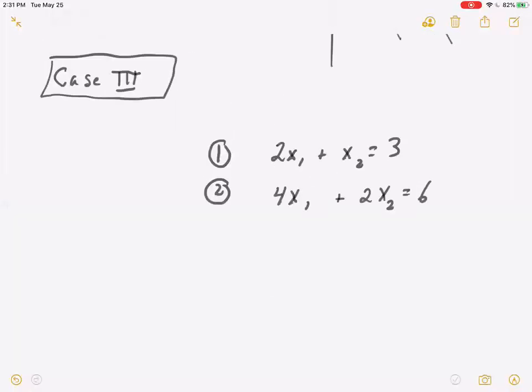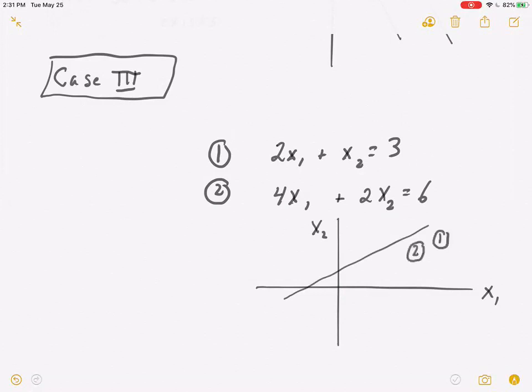So let's go to the drill. The drill is, let us plot these two equations in 2 dimensions. And it turns out that the equation 1 will have a positive slope, and equation 2 also has a positive slope, and it coincides exactly on equation 1.